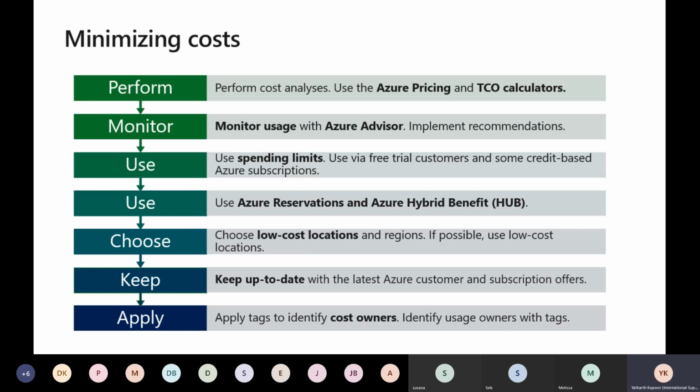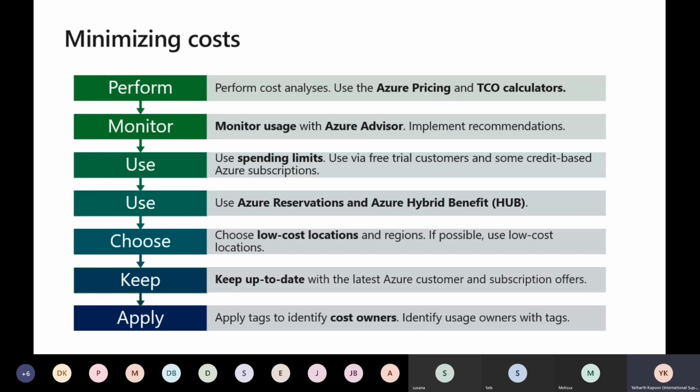Avail discounts like 1 year discounts and 3 years discounts. Choose the locations that have lower costs. It's not going to make a huge difference, but it's still going to make some difference nevertheless. Keep up to date with the latest subscription offers. Microsoft keeps on releasing new and new offers.